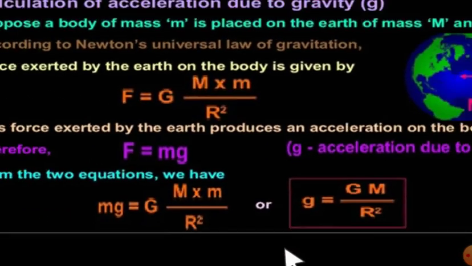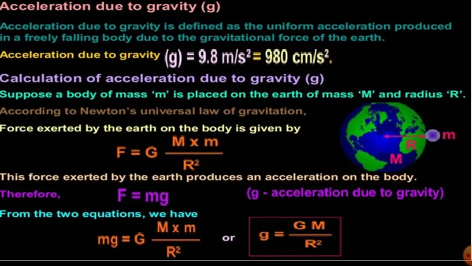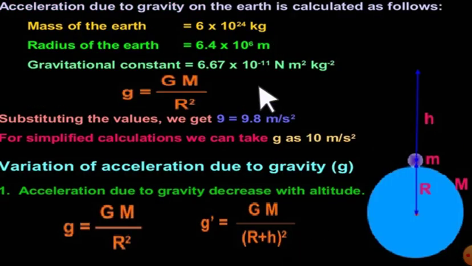So when you put in the value of capital G, the universal gravitational constant, 6.67 into 10 to the power minus 11, the radius of the earth as 6.4 into 10 to the power 6, or rather you can call it 6,400 kilometer, okay, and the mass of the earth as 6 into 10 to the power 24 kg, then if you calculate by putting those values here, you will get 9.8, okay.